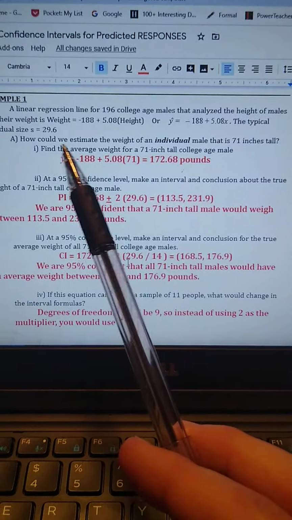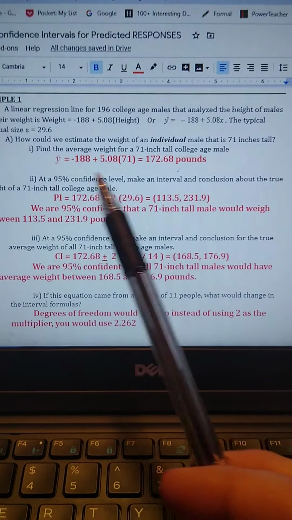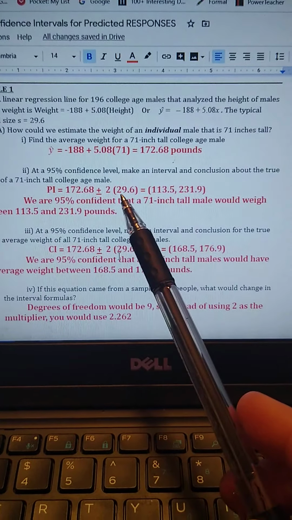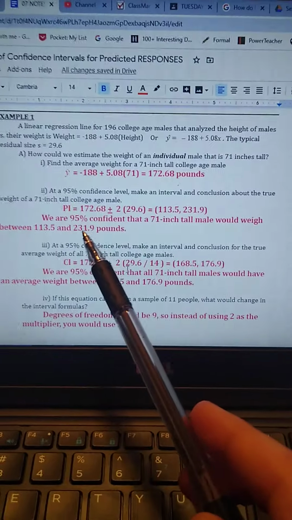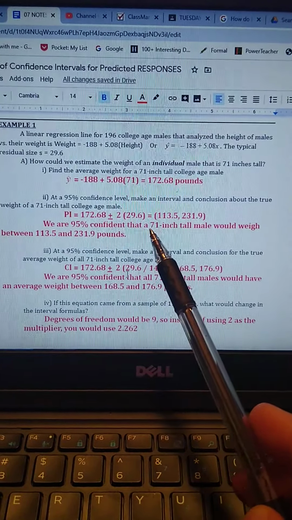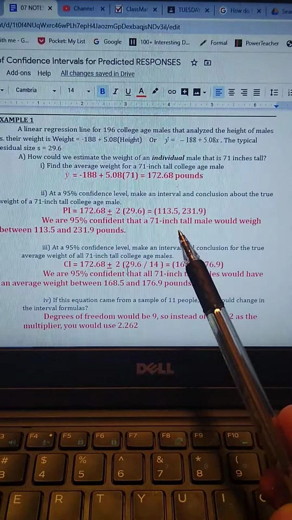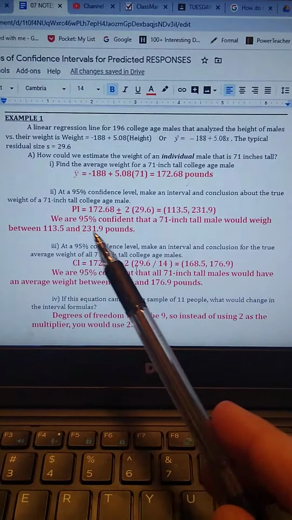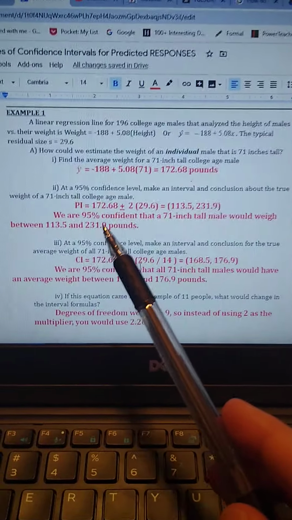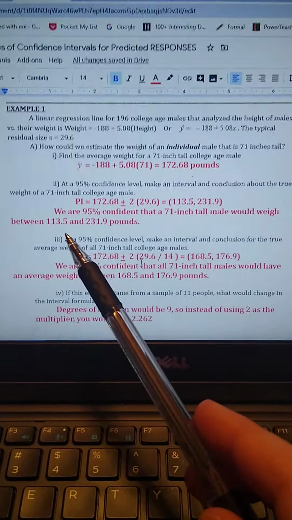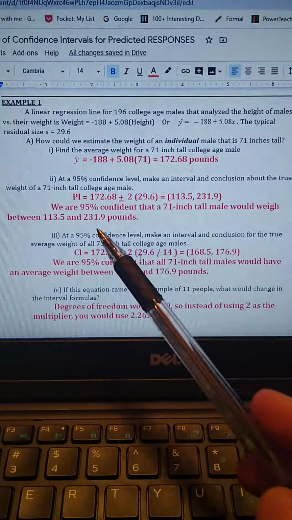And the spread is the typical residual size, how far we expect the points to be off by. When I run that, I get this interval, which means that I'm 95% confident that one single 71-inch tall male would weigh between this and this. Pretty big spread, but that wouldn't be unreasonable for one male to be that skinny or to weigh that much.